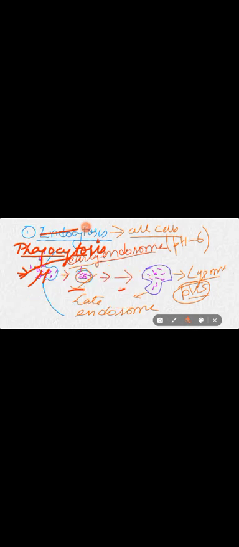So the phagocytosis process is restricted to certain cells. They are found in phagocytic cells like macrophages, like neutrophils, right? Okay, so this is the first function that I have mentioned, that is endocytosis.